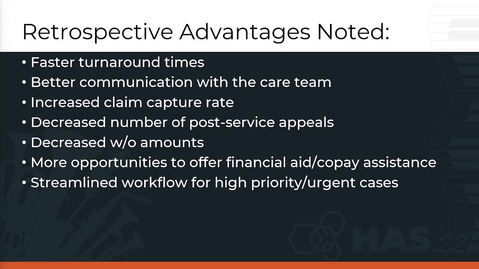And then, as I mentioned before, it allows us a lot more breathing room to handle urgent cases. I get almost every day a request from one of my clinic pharmacists for a drug called Neulasta for white blood cell regeneration after chemo.